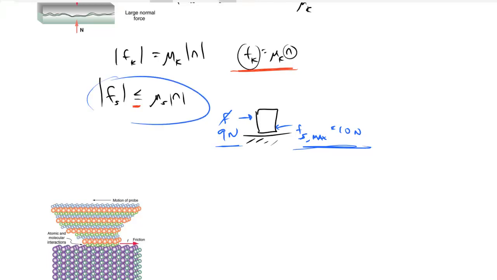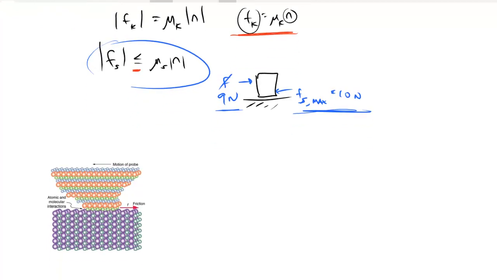Most times we will talk about the maximum static friction force, though. The maximum static friction force is equal to the coefficient of static friction times the normal force, and again, these are magnitudes. The maximum static friction force is the maximum force that can resist motion.